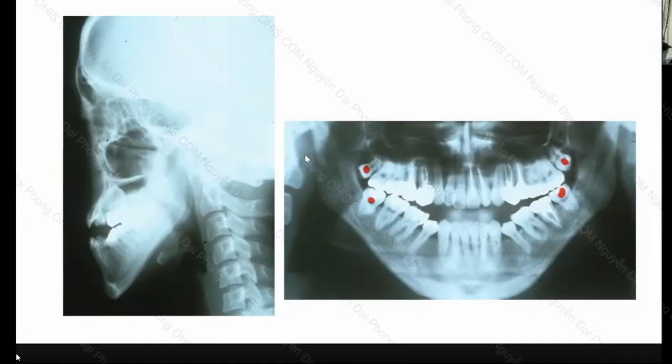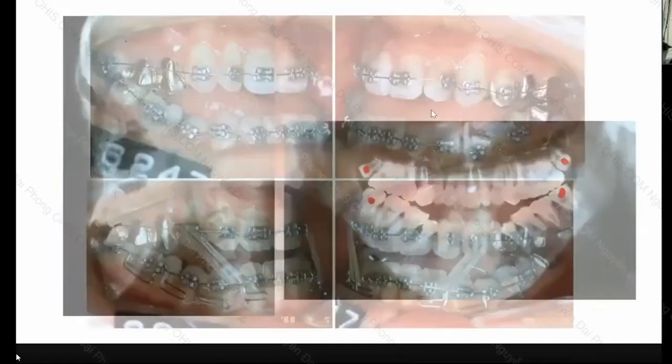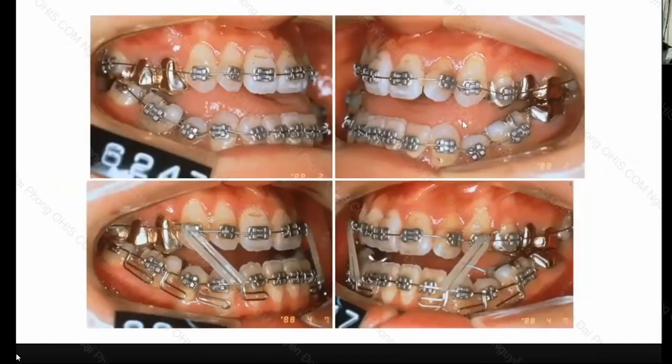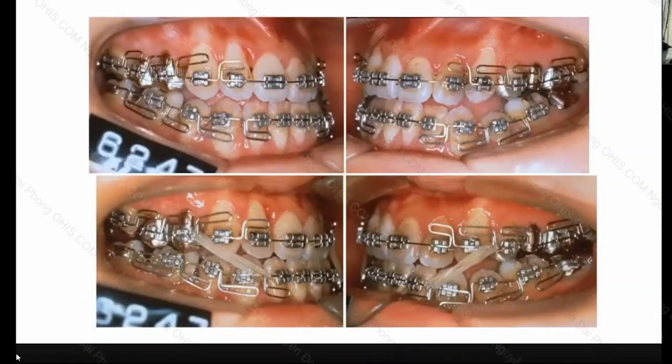Finally, I tried to treat. Okay, third molar extraction and leveling start. The approach mechanics is the same. Yeah. This way. Then uprighting is necessary.